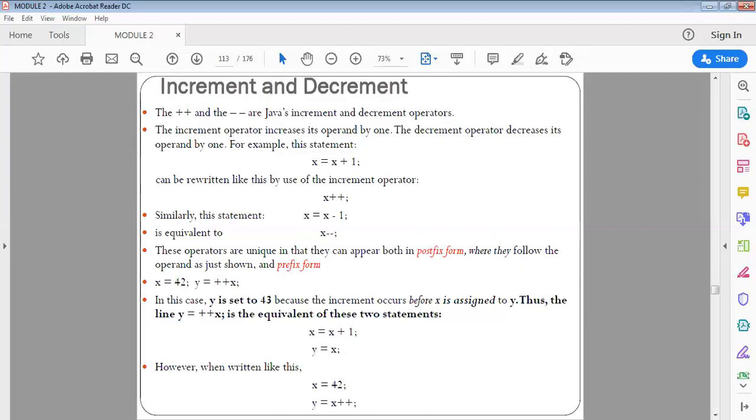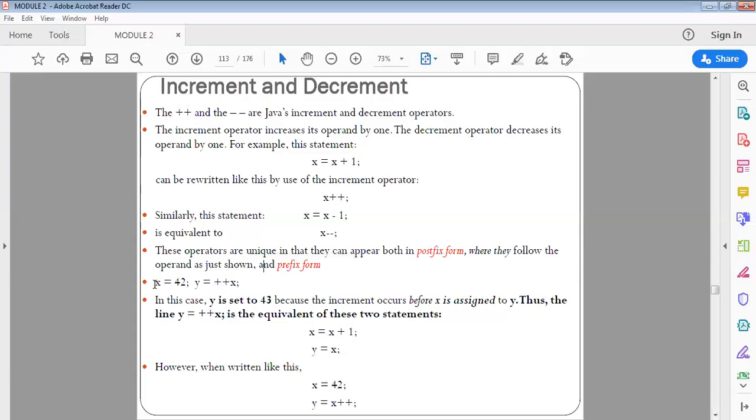Now you come for the postfix form and prefix form. Suppose you get the operator first, that is plus plus first, followed by an operand. It is called the prefix form. Here you consider y is equal to plus plus x. Here the operator comes first, so we call it the prefix form.